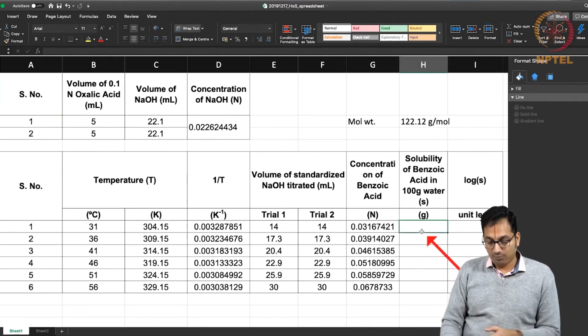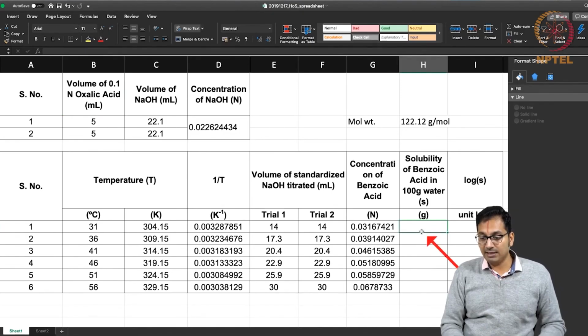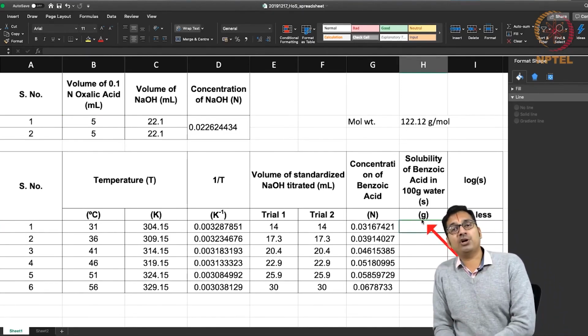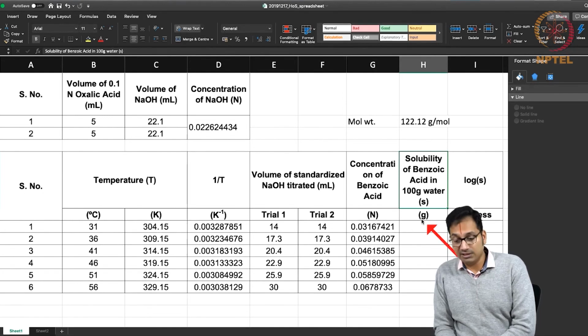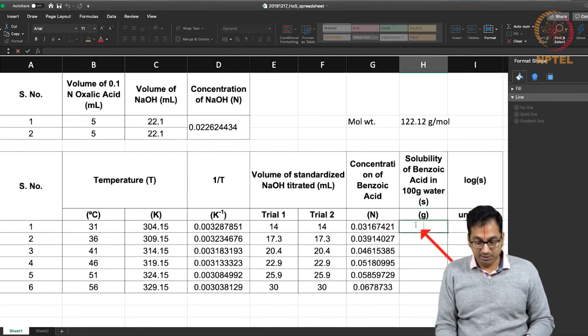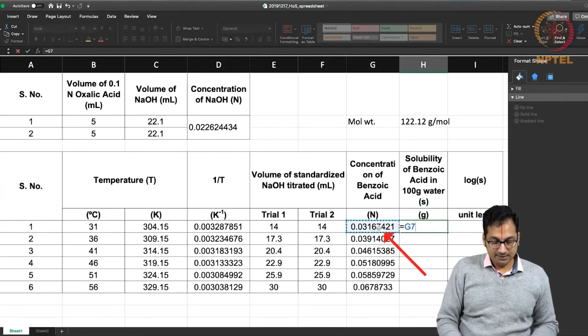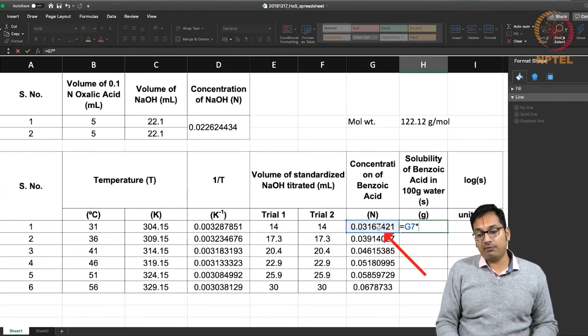Okay, so now for benzoic acid you want to determine the amount dissolved. How does normality go? Normality is nothing but the number of moles divided by the volume of solution in liters, the whole multiplied by the number of equivalents. Since the equivalence is 1 in this case, normality is equal to molarity, and therefore you take the product of the normality and the volume of the solution.